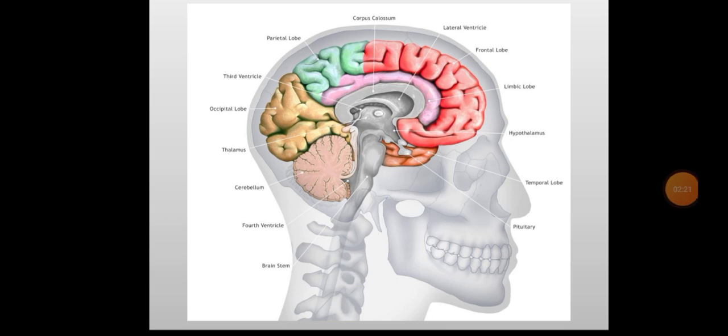By seeing this picture, you may understand the human brain is well protected by the skull. Inside the skull, the brain is covered by cranial meninges, consisting of an outer layer called dura mater, a very thin middle layer called arachnoid, and an inner layer called pia mater.